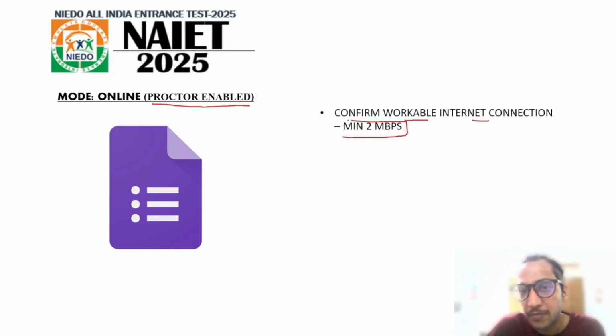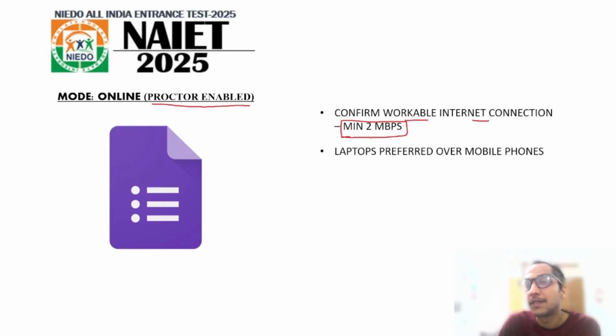Minimum 2 Mbps speed should be there. And laptops will be preferred over mobile phones. You can give the test using laptops and mobile phones also, but laptops are more preferred because of the visibility and the better configurations you will get on the laptop as compared to mobile phones.